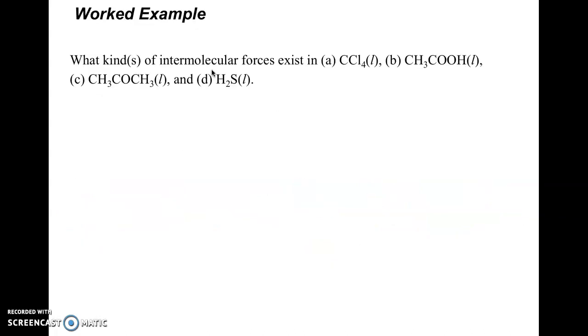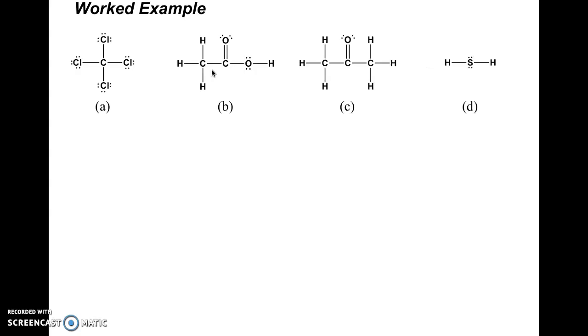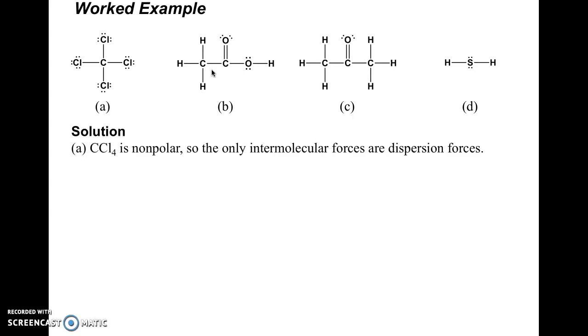So we're going to actually try and apply this with these examples: carbon tet, acetic acid, an ether, and then hydrogen sulfide. Here are the structures. So we can see that in A, it's nonpolar.